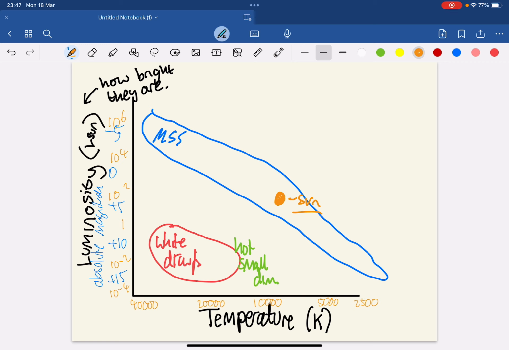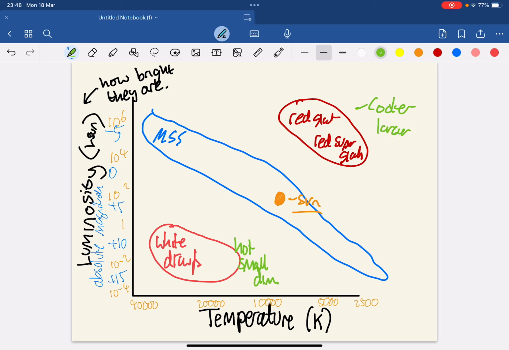And above those, we have the red giants and the red supergiants. What's key about these is that they are a little bit cooler, but they're large in stature, and they are very bright.